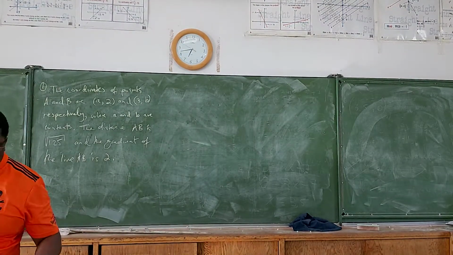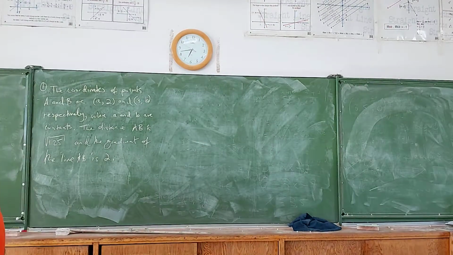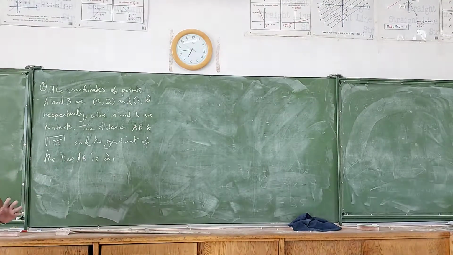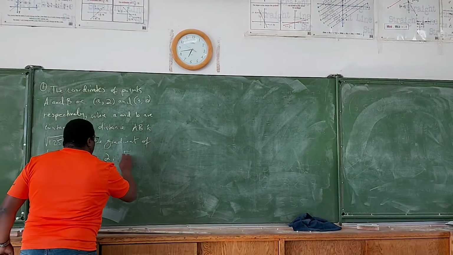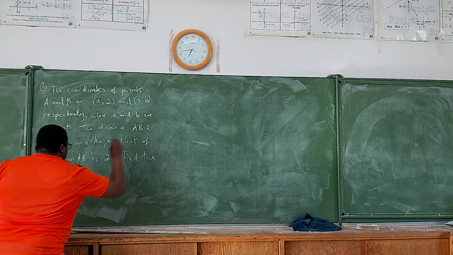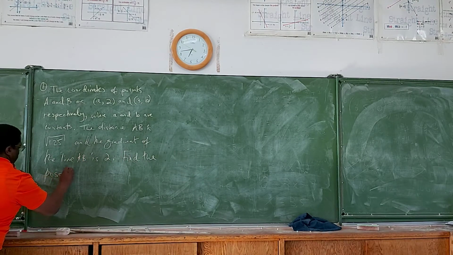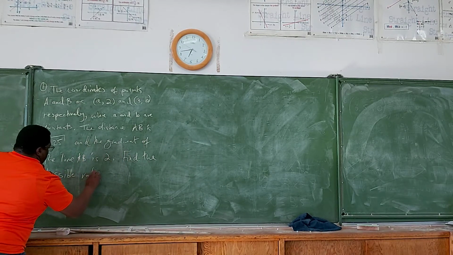Find the possible values of A and B. Creating some simultaneous equation somewhere. Crazy.